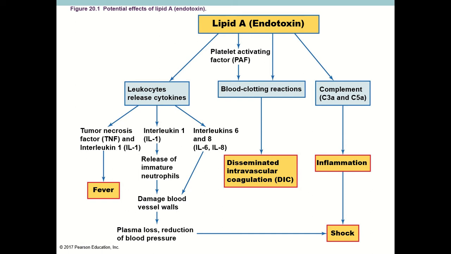So, what makes them such excellent human pathogens? Well, first is the fact that they do again release lipid A, which is an endotoxin. So this lipid A is going to trigger many different symptoms, starting off with fever, which is an increase in systemic body temperature, vasodilation, which means that the blood vessels, arteries for the most part, are going to dilate.